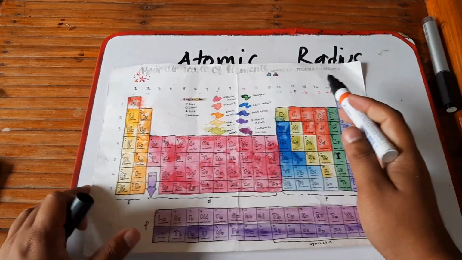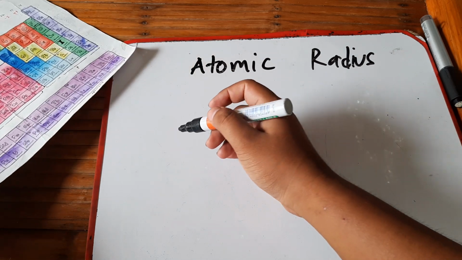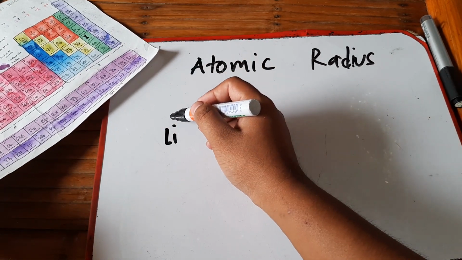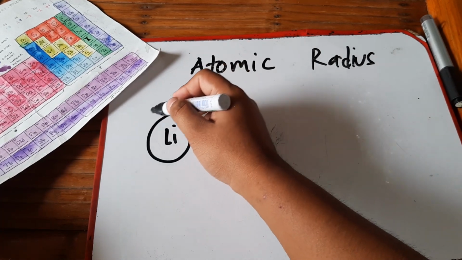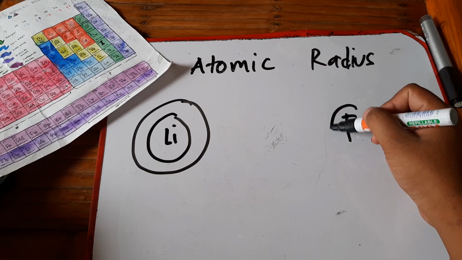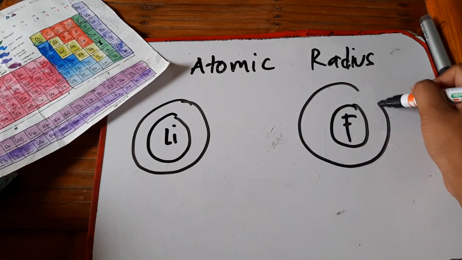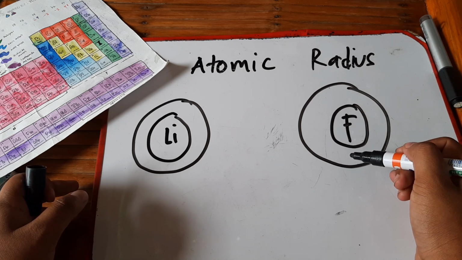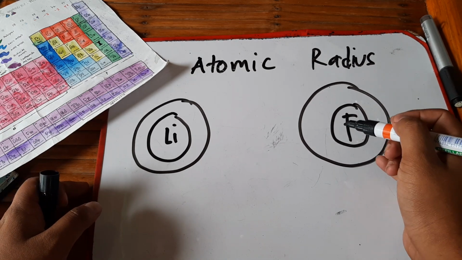So lithium, let's add an image for the visuals. Lithium would have two shells. Fluorine will also have two shells. The difference is that fluorine has more electrons as compared to the lithium.